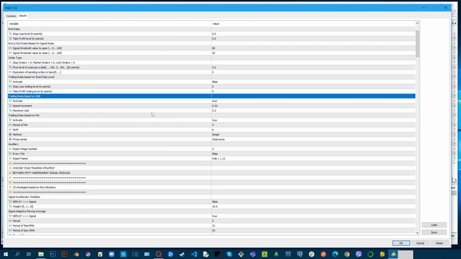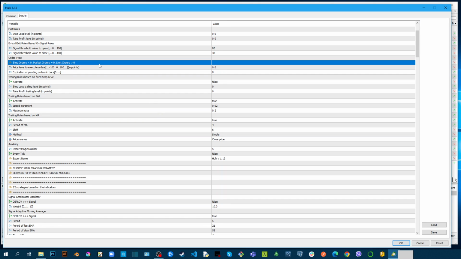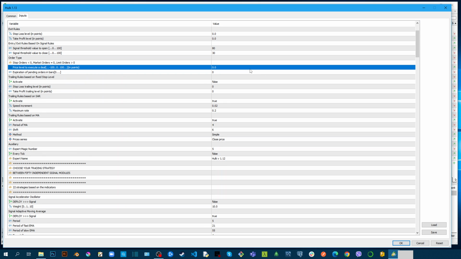Now the next inputs are order type. I give you some basic explanation of what you need to do. In this case, you will see the price level to execute a deal in points.